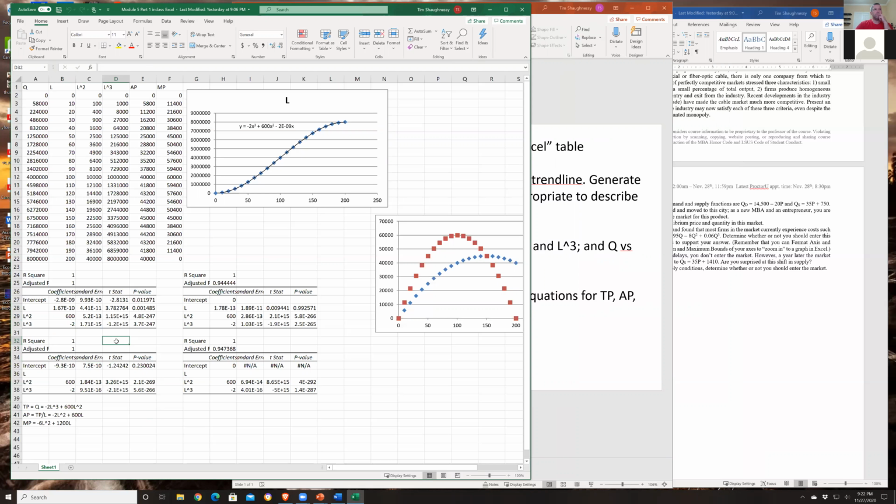So for me, especially if I go over to this one over here, where I included L, I can see that its p-value is really high, meaning its level of significance is really low. So I'd be tempted to probably toss it. The other thing too is that the coefficient itself is really, really small.